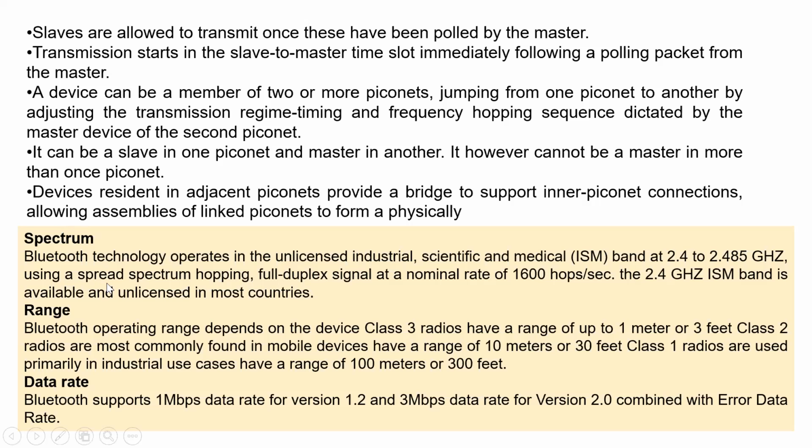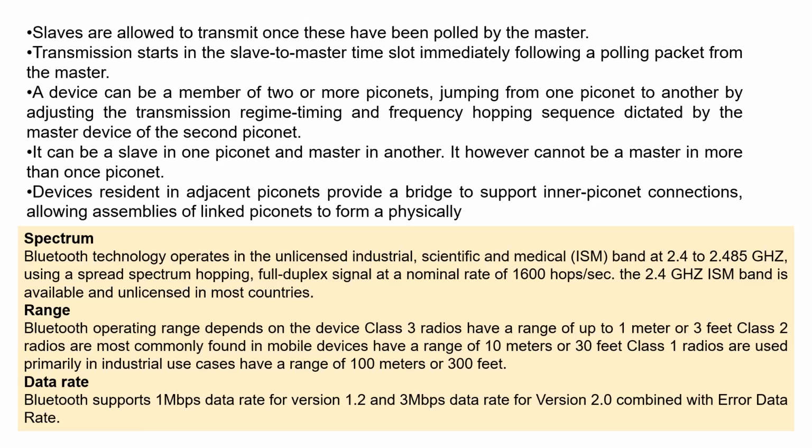It is using a spread spectrum technique, the frequency hopped spread spectrum technique, with a hopping rate of 1600 hops per second. That means it is changing frequencies 1600 times per second. So you have to remember these things about the spectrum of Bluetooth.